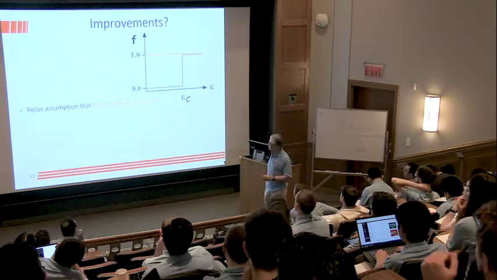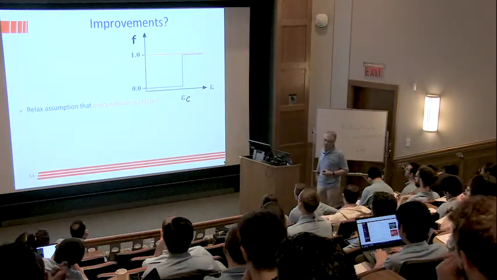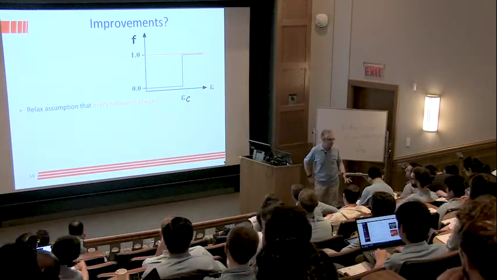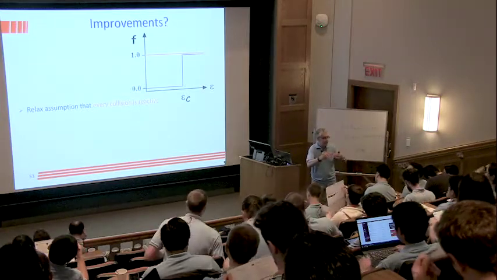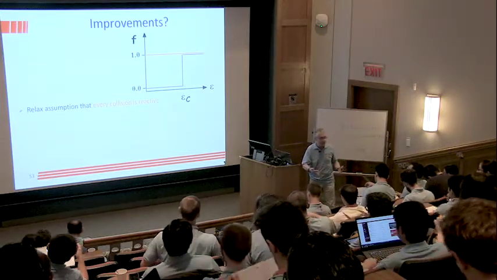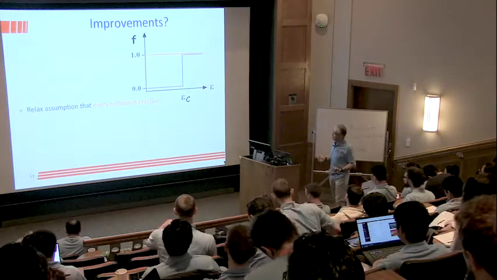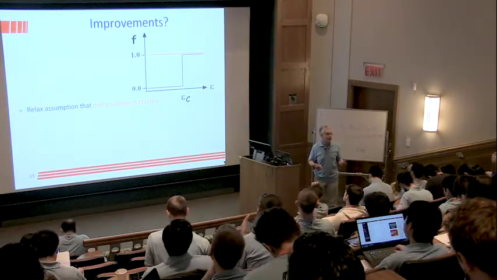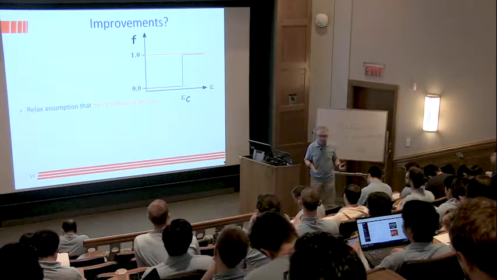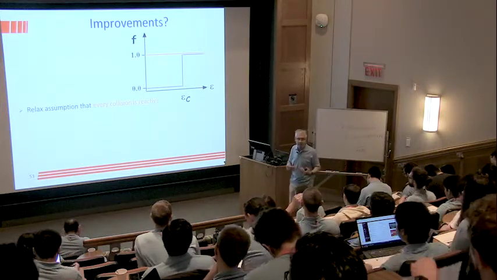So what are we missing? Of course, we're missing an activation energy. We're assuming there's a collision, it either happens or it doesn't. What we've been assuming is that every collision is reactive. And we've got to relax that assumption, because not every collision is reactive.